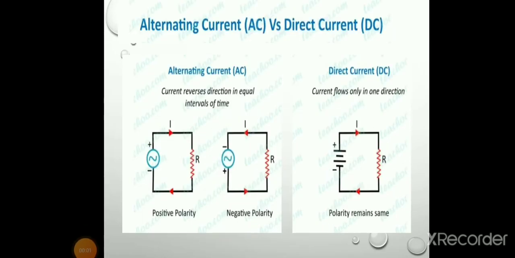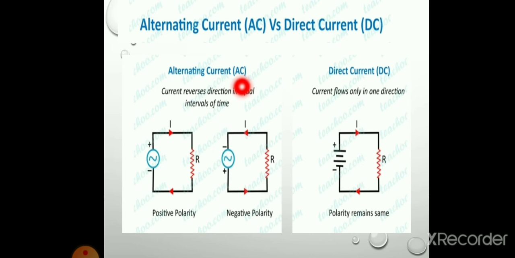Now let us study alternating current and direct current. Alternating current means a current which reverses its direction at equal intervals of time, and it is denoted by AC.